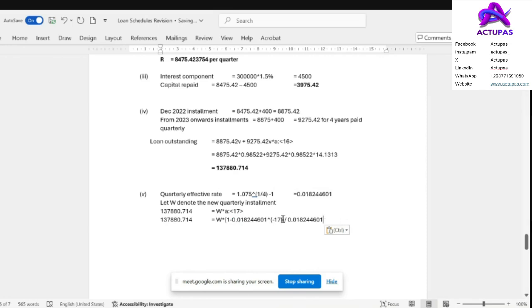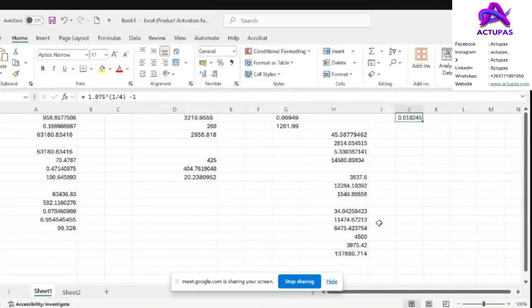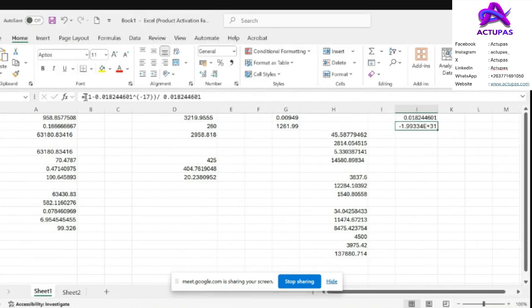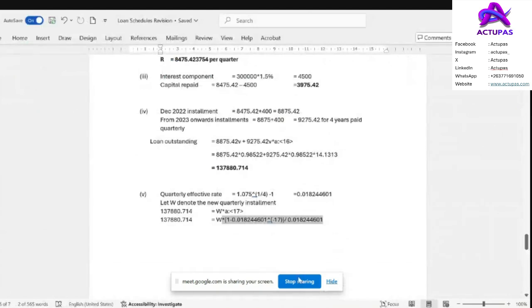We can copy this part, put it in Excel and paste it.